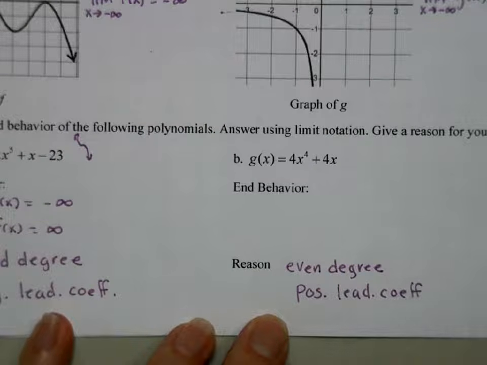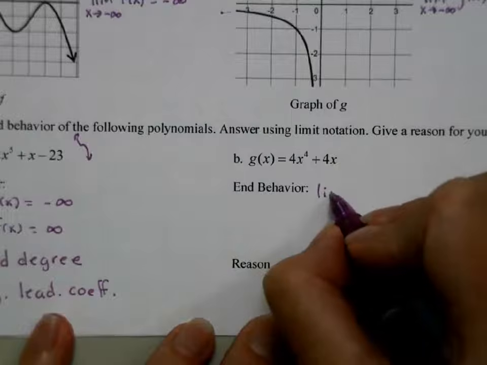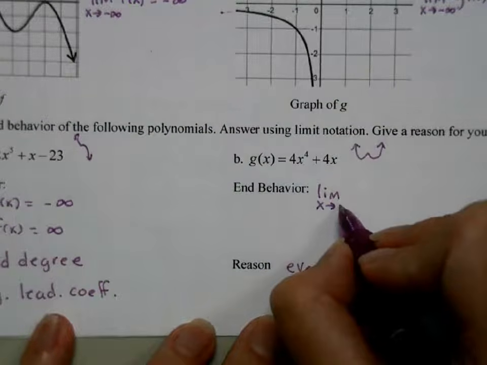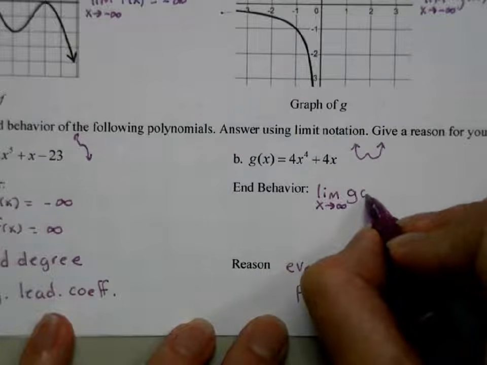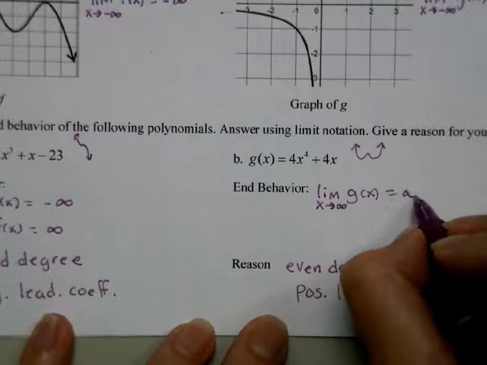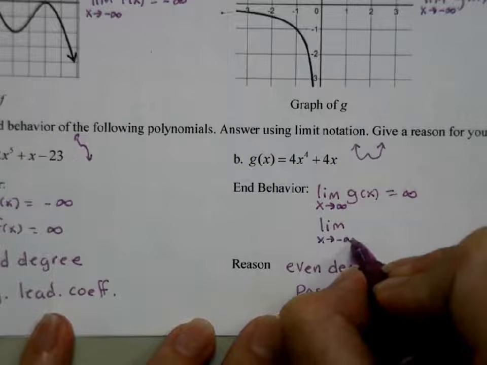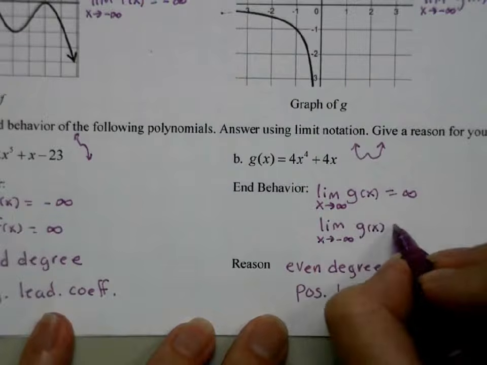So as we go to positive infinity of g of x, we're going to positive infinity. As we go to negative infinity, we're going to positive infinity. So that was your Unit 1, Part 1 review.